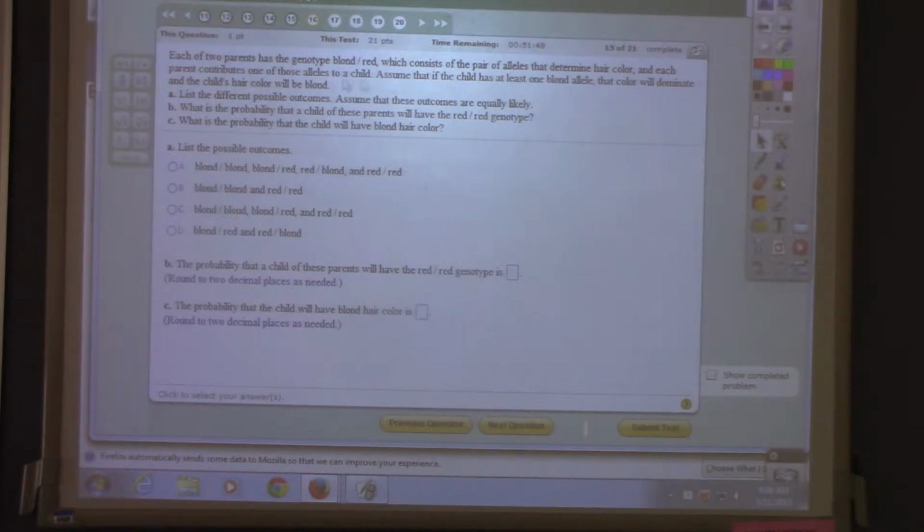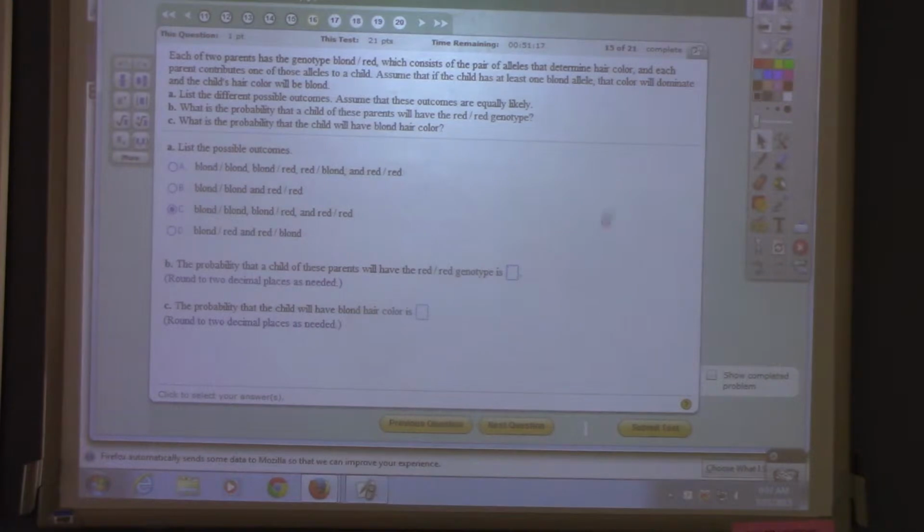Okay. So it looks like, assume that if a child, so that's blonde, red, and red. I think it would be C, right? What is the probability that?